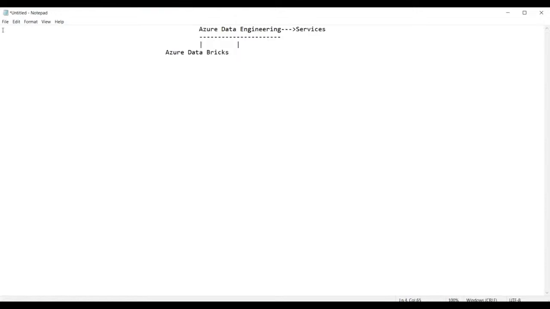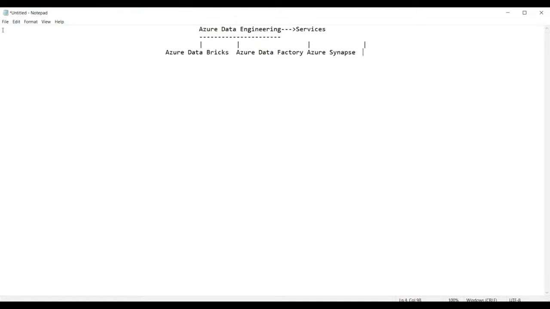And then we have the next one, Azure Data Factory. And apart from this, we have the next service called Azure Synapse. Many services are there, but I'm listing a few of them.